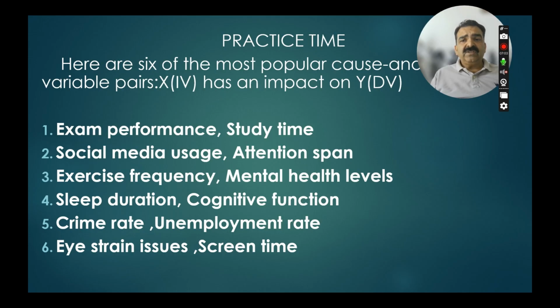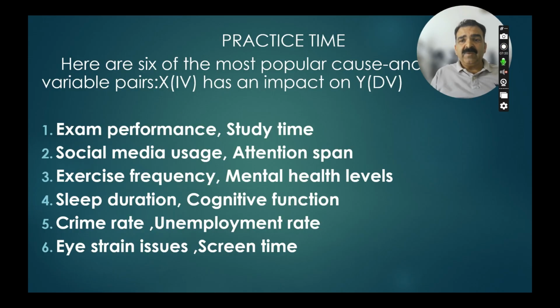Now you have to do this work. X has an impact on Y. What variable has an impact on which variable? So can we say that study time has an impact on exam performance? I told you the IV has to be changed to find the impact on the dependent variable. Study time will increase, exam performance will improve.